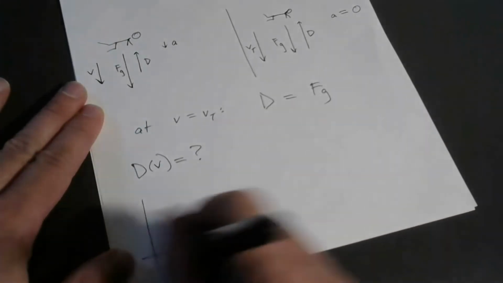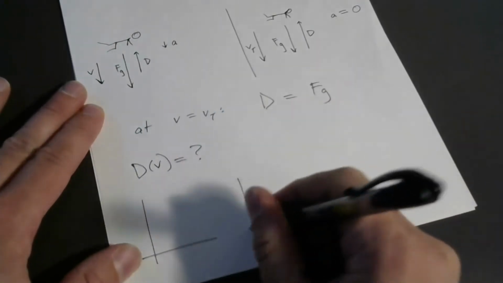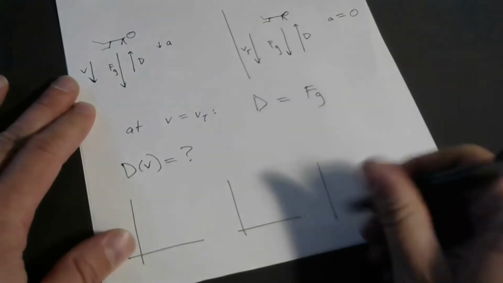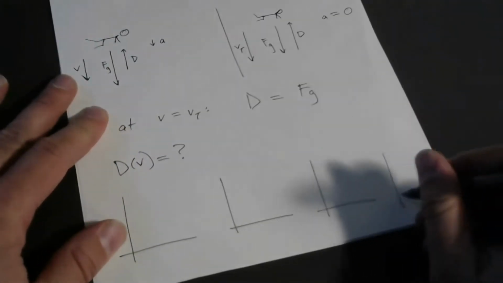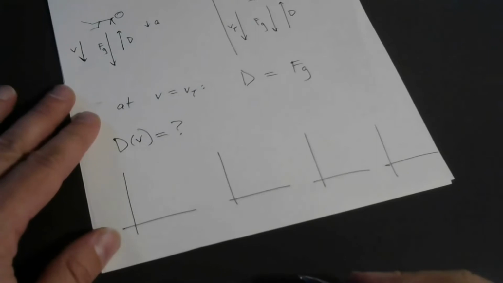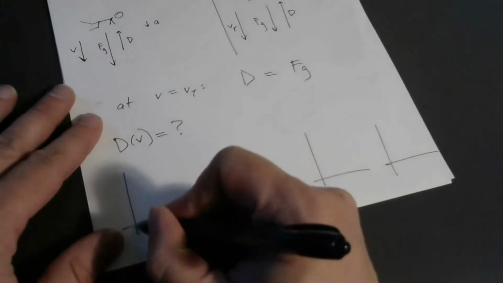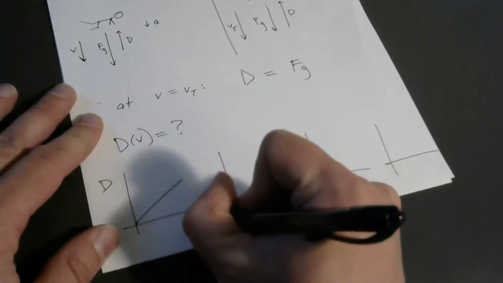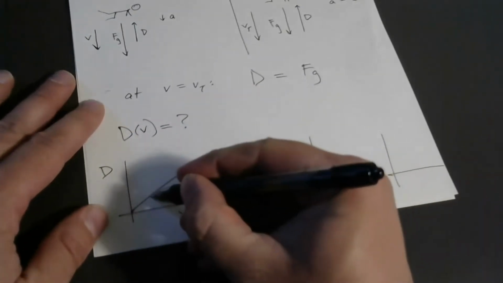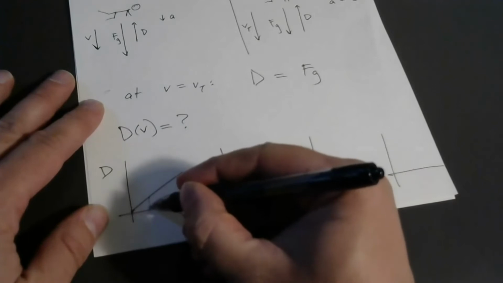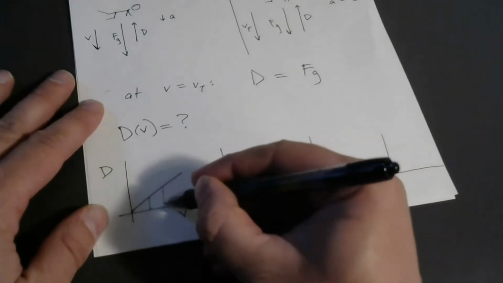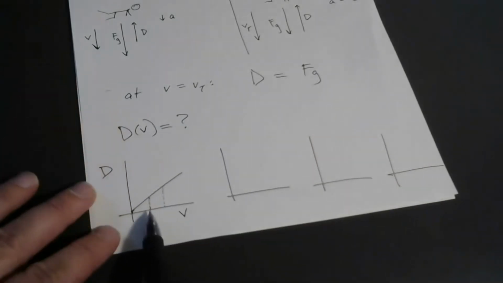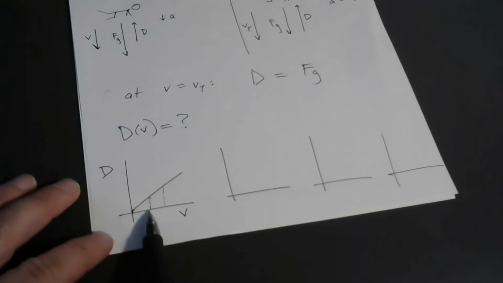Let me just draw some sample graphs. We can ask which of these is the most reasonable. Suppose it's a simple linear dependence, drag versus speed. This would suggest that, let's see here. Suppose you're going down the street in a vehicle at, well, not the street, let's go with the highway, 40 miles per hour.